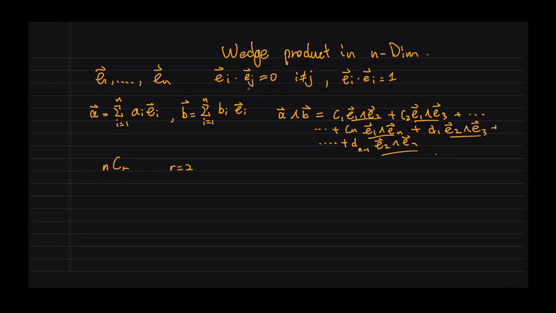We're interested in the combination of the wedge product between two vectors. And the nCr formula is n factorial divided by r factorial times (n minus r) factorial.